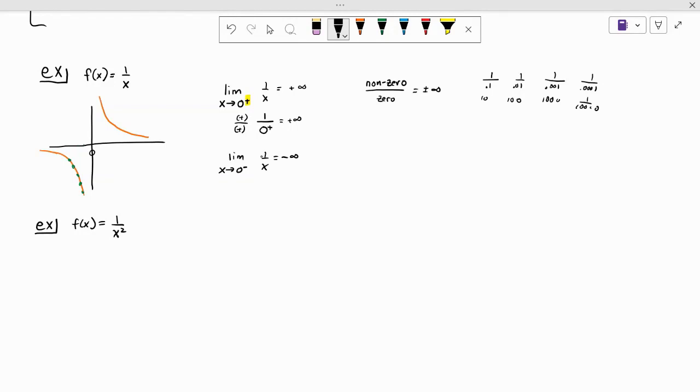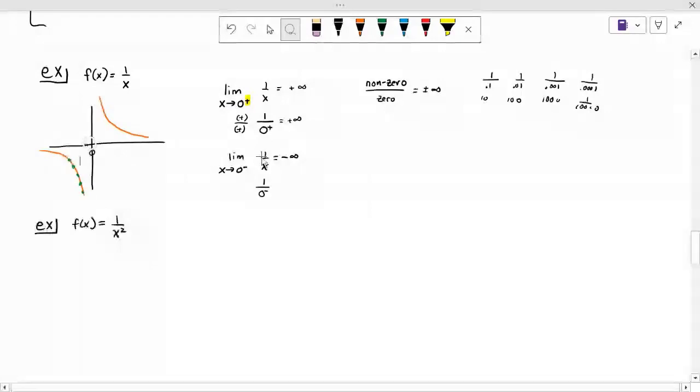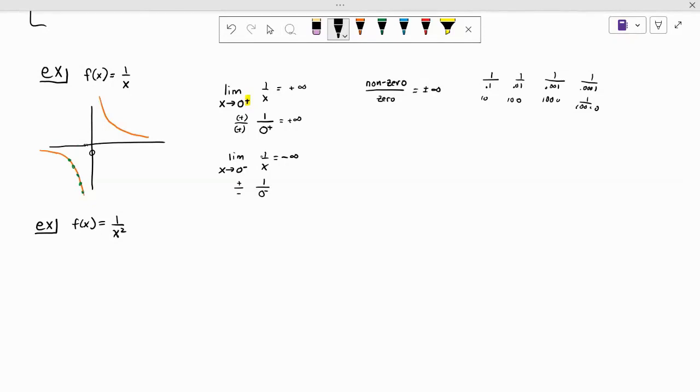Because we still have the situation where the numerator is fixed at positive 1, and the denominator goes to 0, but x is just approaching 0 from the left, so x is slightly negative, not quite 0. So you have a positive numerator divided by a negative denominator, so this would be negative infinity. So what we do is sign analysis. We carefully look at the factors and check whether they're positive or negative.